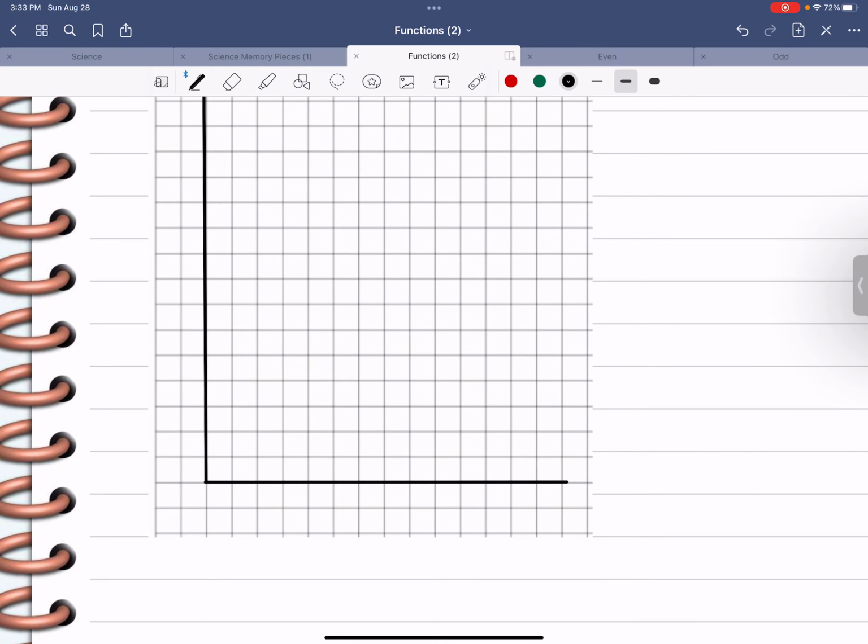So on the independent axis, what is the thing that Iris can control? Iris can control the weight of the bag in pounds. When I fly, I pack everything I have.